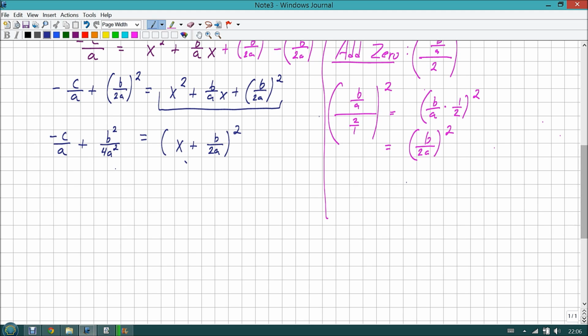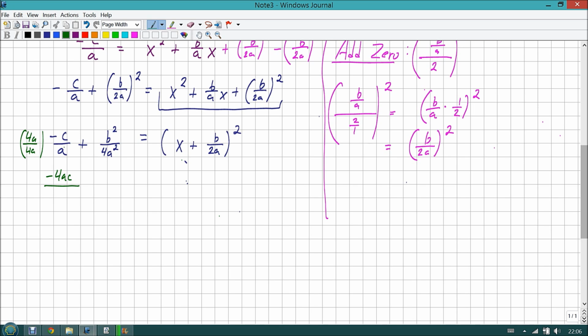So I've already got an a. In fact, I've got two a's on the right-hand one. I've only got one a on the left-hand one. I have a 4 on the bottom, and I have a 1 on the bottom on the other one. So I'm going to have to multiply that left one by 4a over 4a so that they have a common denominator. So 4a times negative c becomes negative 4ac.